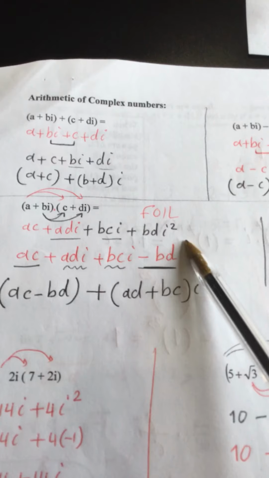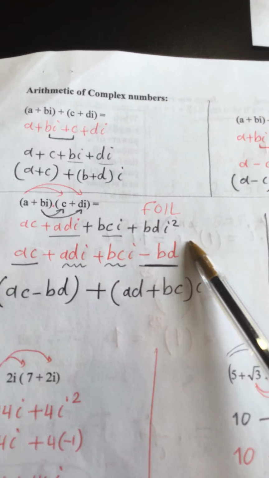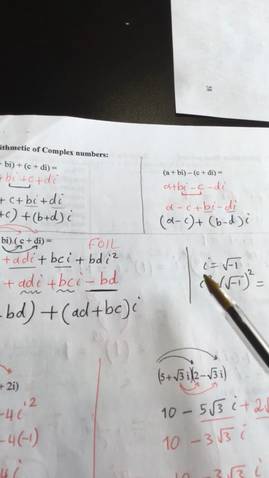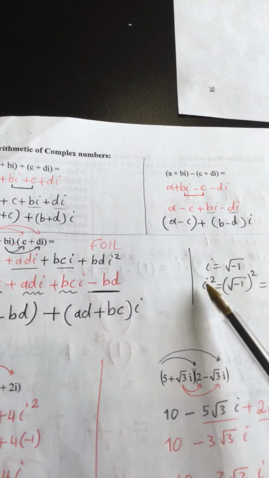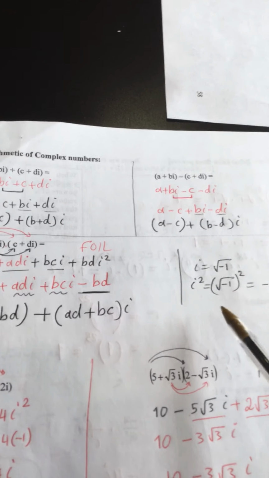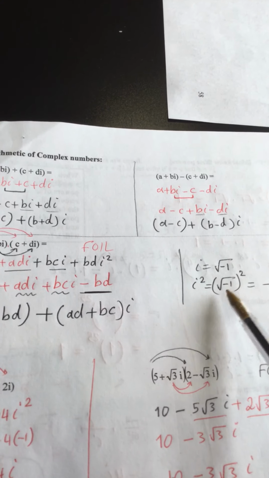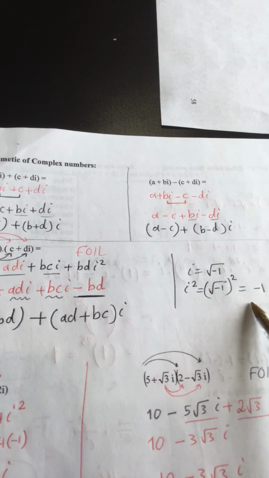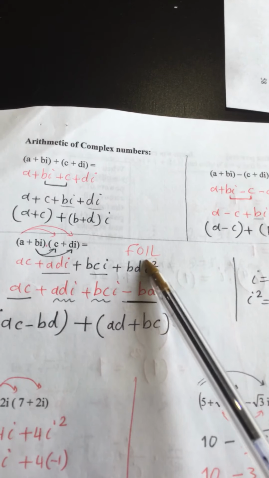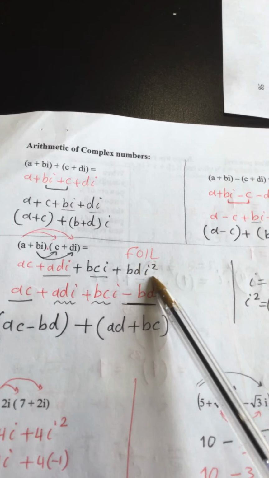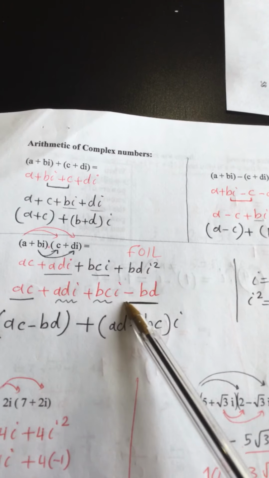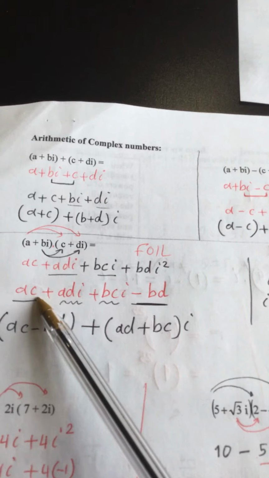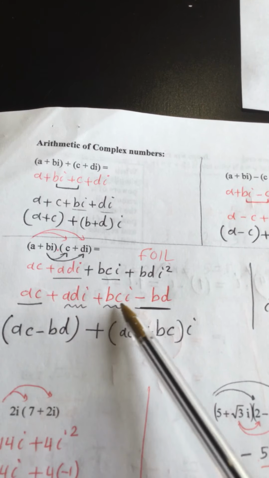So i times i is i squared. Now we know that i squared equals what? If i equals square root of negative 1, i squared is negative 1. So substitute negative 1 for i squared. Negative 1 times bd is negative bd. Then keep the ac and adi plus bci.